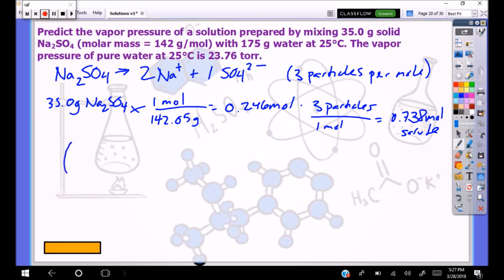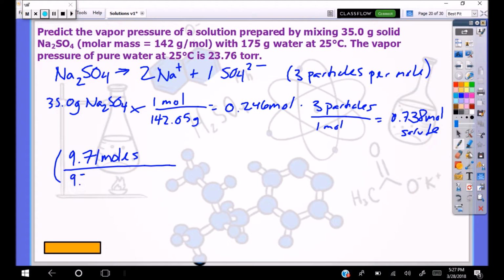We need our mole fraction. The moles of water, I haven't calculated that yet, oops. Actually, just to save time, I'm going to tell you the moles of water: 9.71 moles of water. Hopefully you calculated that and figured that part out, because we had 175 grams divided by 18.02.